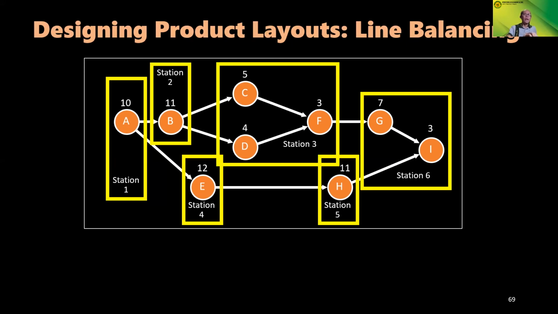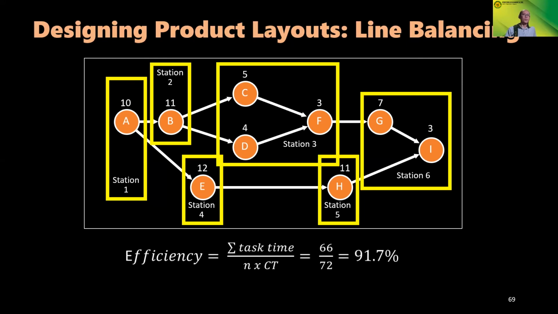Okay? After nimo i-assign ang mga task ngadto sa mga workstations, pwede na kang mag-compute sa efficiency o sa idle time percentage. In this case, efficiency is computed as the summation of task time over N times CT. N refers to the number of workstations.